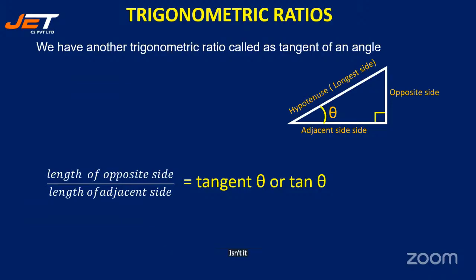So tangent, or tan theta, we can write as length of opposite side by adjacent side. In other words, sin by cos. If you cancel, the hypotenuse gets cancelled in both cases. So what is finally left is the opposite side by adjacent side.